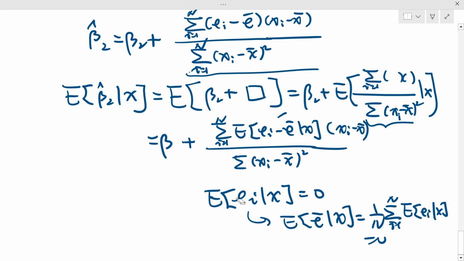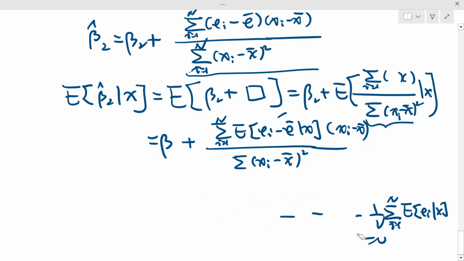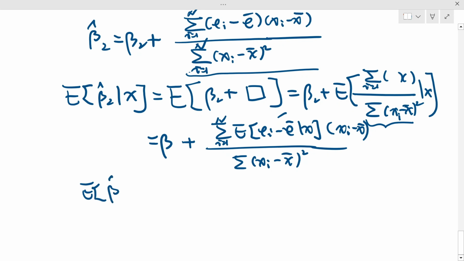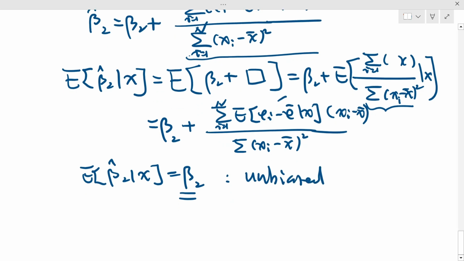So indeed we can now show that the expected value of beta hat 2 is equal to beta 2. Beta hat 2 is a random variable, and its expectation is equal to the true value of beta 2. So we call this unbiased.